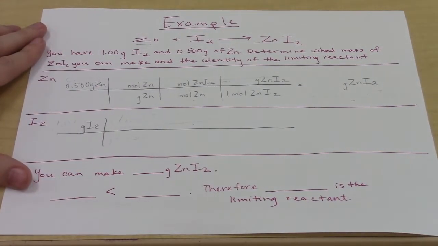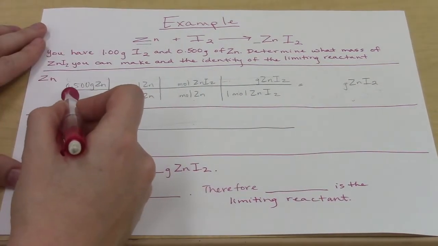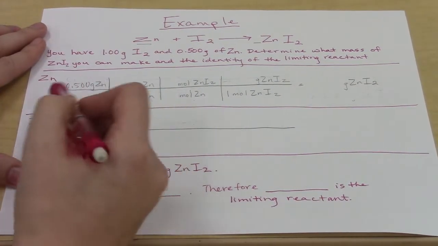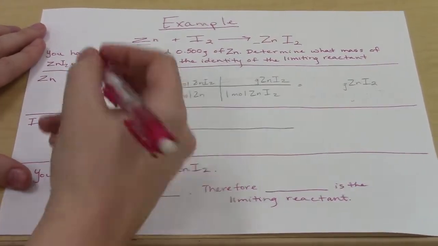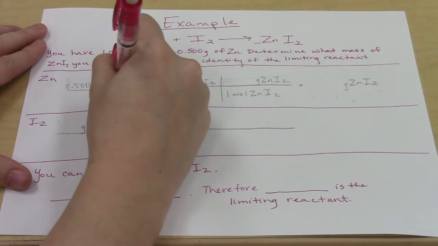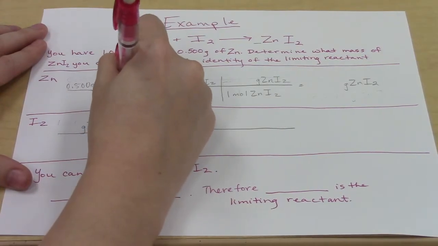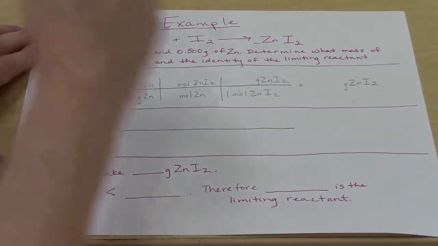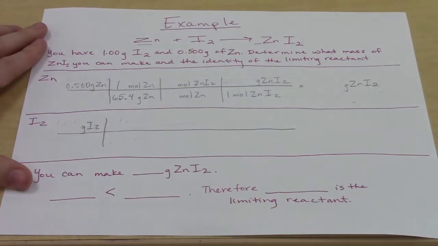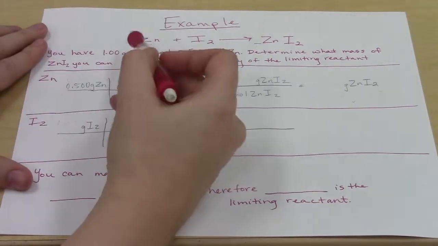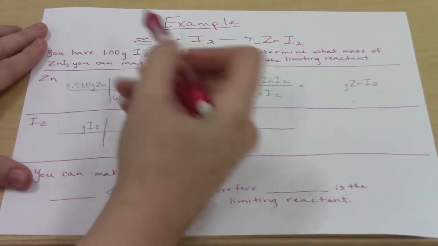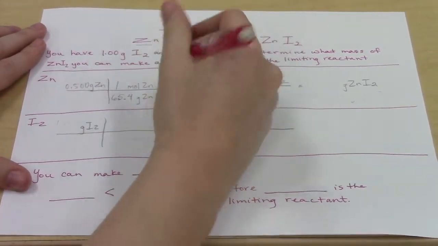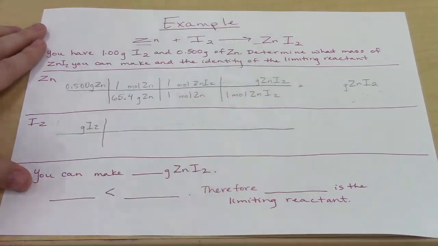All right, so I'm going to go ahead and plug these in. I'm given 0.5 grams of zinc. I want to convert that to moles, so I'm going to use the molar mass. When I use the periodic table to get that, it's 65.4 grams of zinc in 1 mole of zinc. Now, I'm going to look up at my equation here, and for every mole of zinc, there's 1 mole of zinc iodide. So 1 and 1.